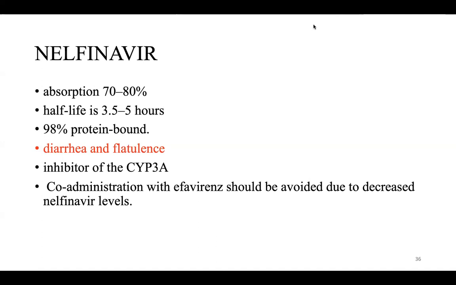Most common adverse effects associated with nelfinavir are diarrhea and flatulence. Diarrhea often responds to anti-diarrheal medication but can be dose-limiting. Nelfinavir inhibits the cytochrome P3A system, and multiple drug interactions may occur.